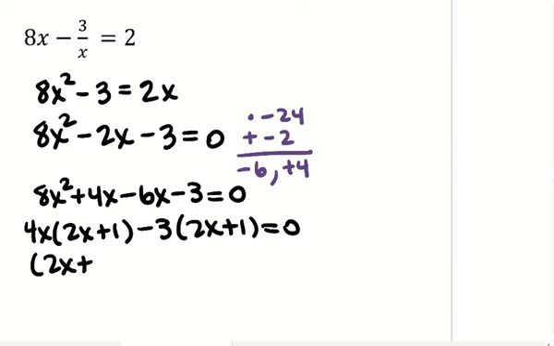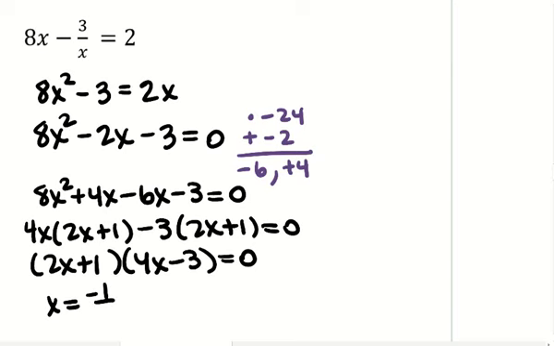Factor out the 2x plus 1. And then this is going to be equal to 0 when x is either equal to negative 1/2 or when x is equal to positive 3/4.